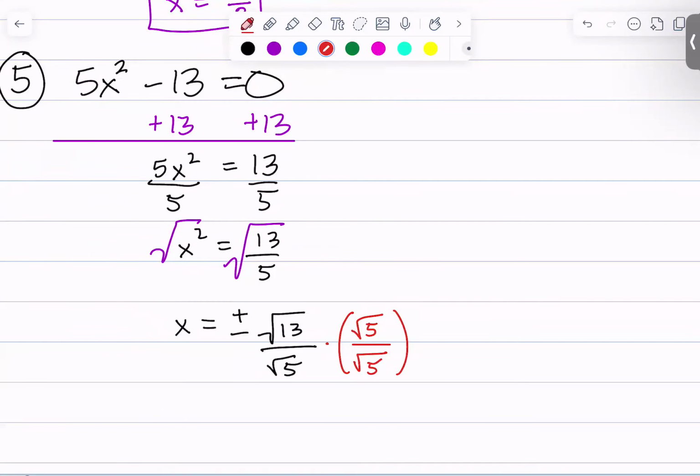Multiplying by square root of 5 over square root of 5 gets rid of the square root in my denominator, because square root of 5 times square root of 5 is square root of 25, which is 5. In my numerator, I just multiply: what's 13 times 5? 65. And that would be my answer with the plus or minus. Okay?